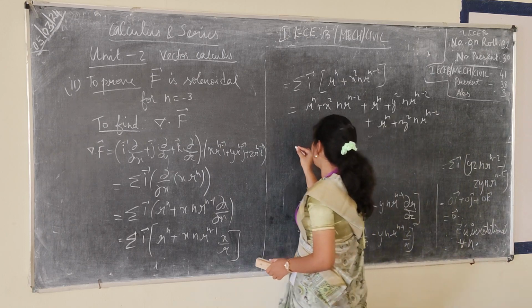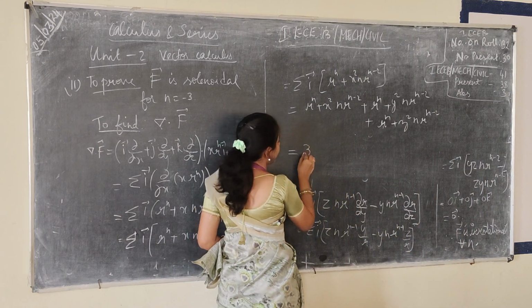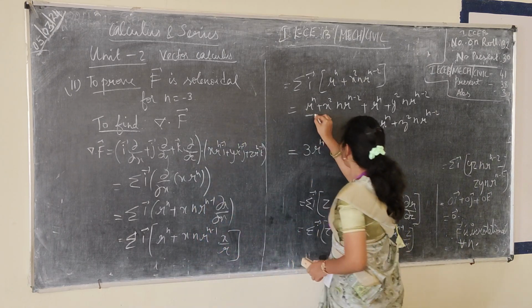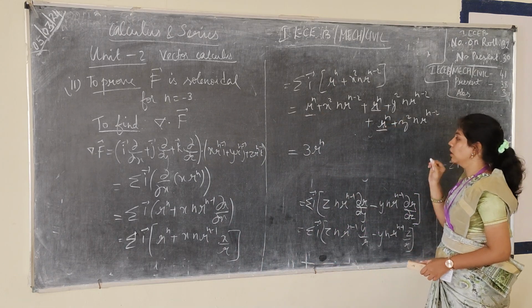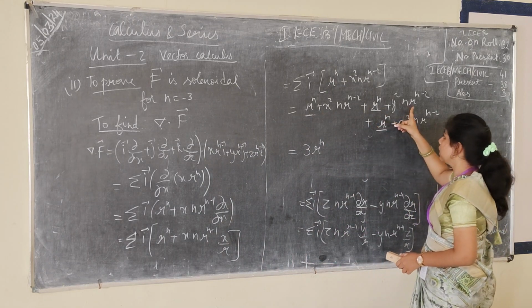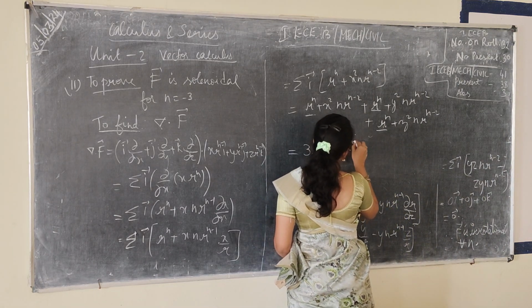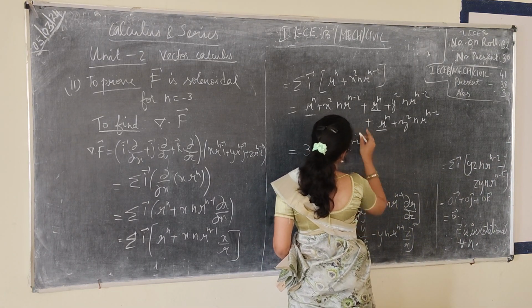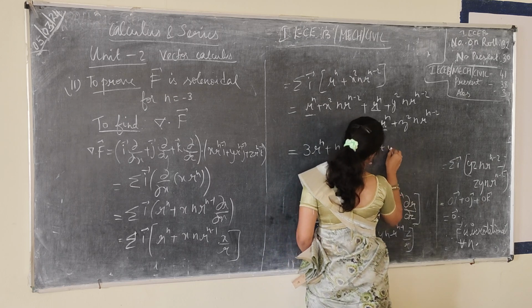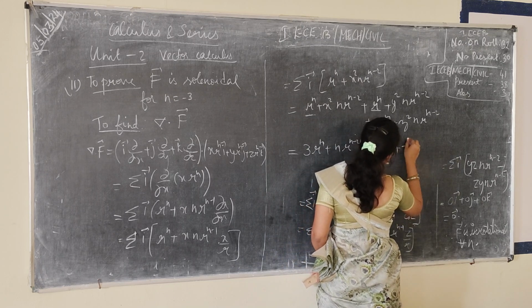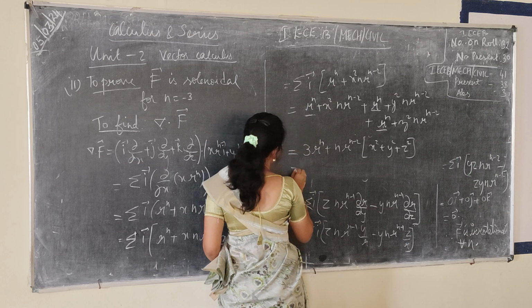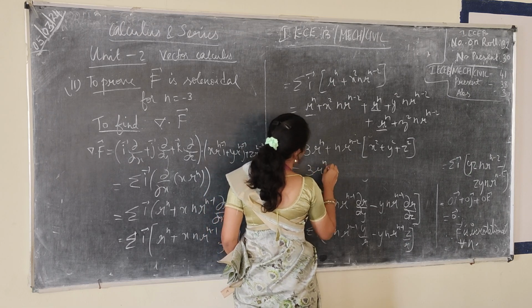Combining all three, what do you get? 3 r power n. Next, what is common? n into r power n minus 2, then x square plus y square plus z square. What is x square plus y square plus z square? r square.